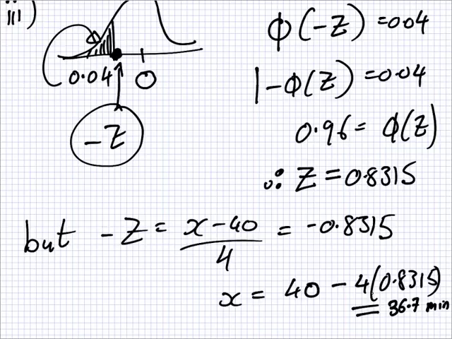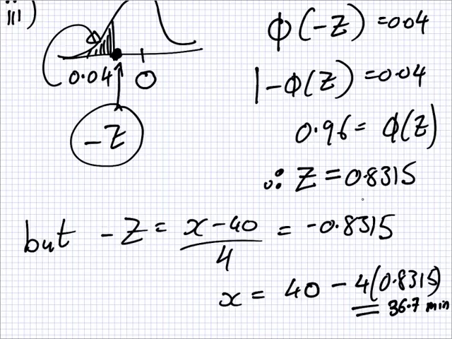So, if minus one value equals 0.04, it's 1 minus the positive value equals 0.04. So we are looking for whatever value is equal to 0.96. 1.75 is not this four-digit number because we are going backward. If z equals 0.8315, you don't get an area of 0.9600 on the table.